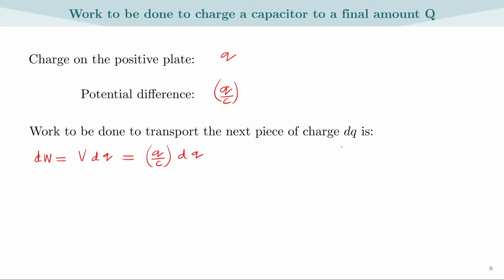The source of this expression is Vb minus Va equal to W over Q, which we have seen in some of the earlier discussions.